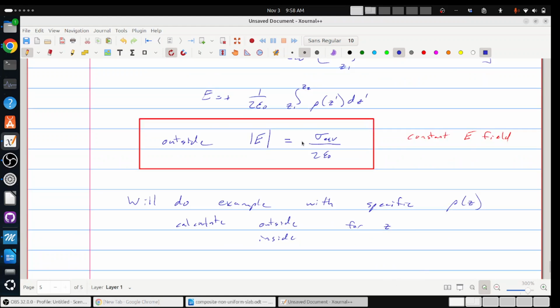And so I'll actually do that one with a specific density function and then with some numbers as another example. Okay? So we'll leave that for another video, time-wise in terms of class.